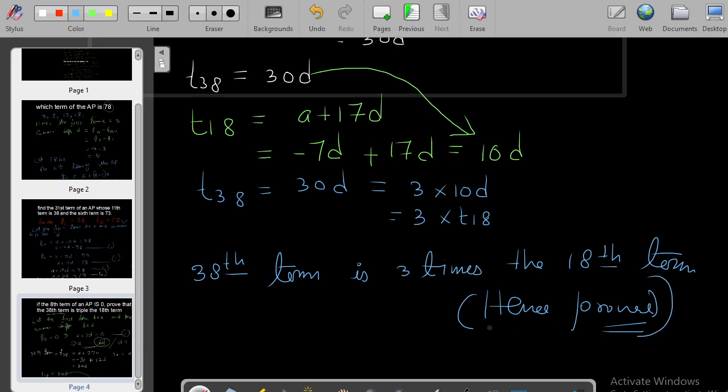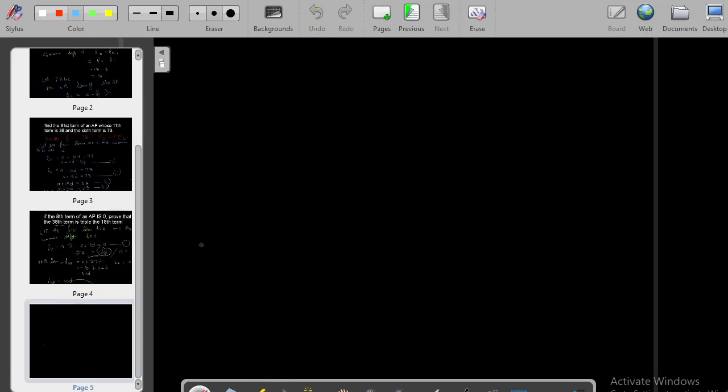Okay, let us move on to another example on a new page. Here I give an example where the first term is 6 and the common difference is 2. So 6, 8, 10, 12, 14 and so on.